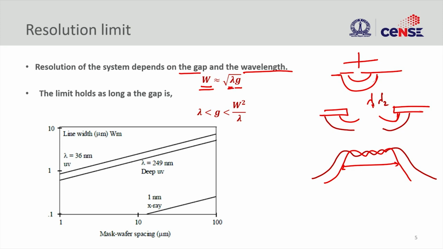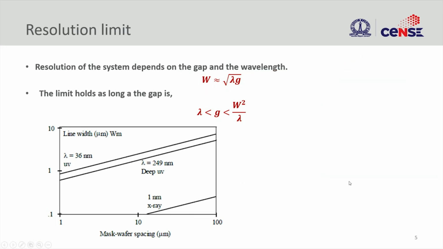For instance, if you want a feature that is about, let us say, 200 nanometer, then you should make sure you choose a wavelength that is equal to or less than 200 nanometer. This is very important to avoid any sort of diffraction effects.